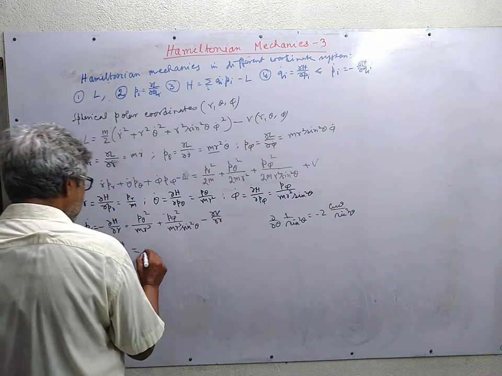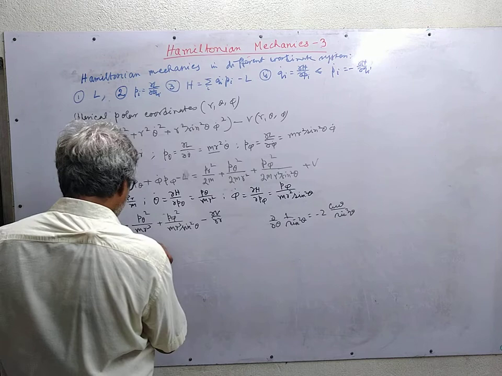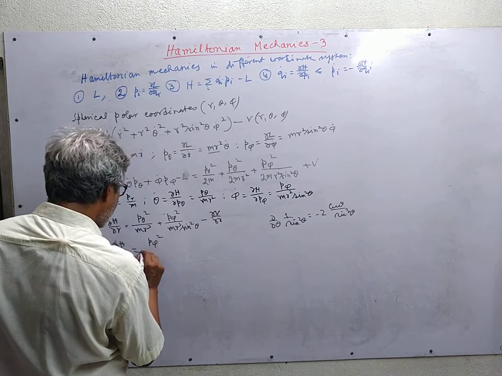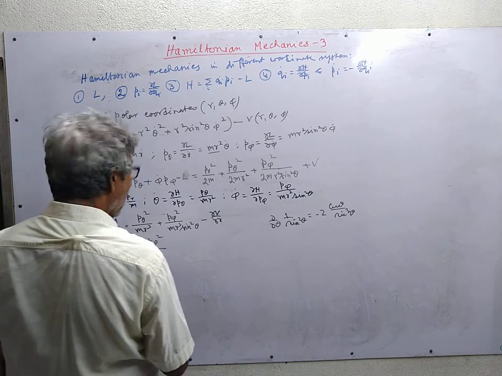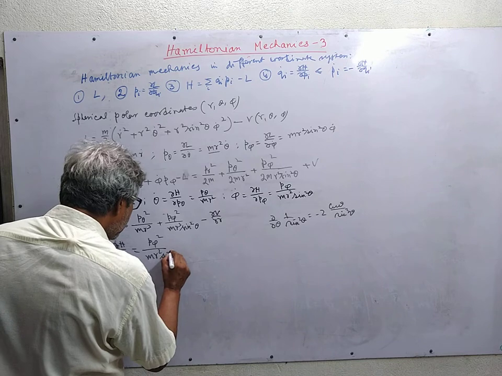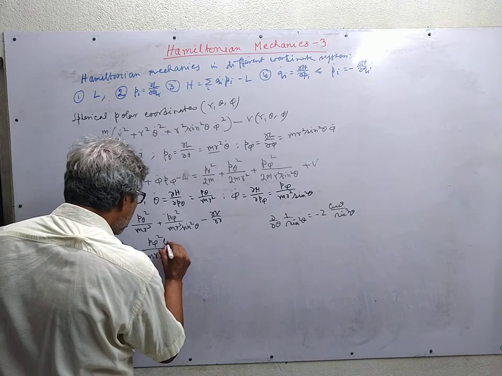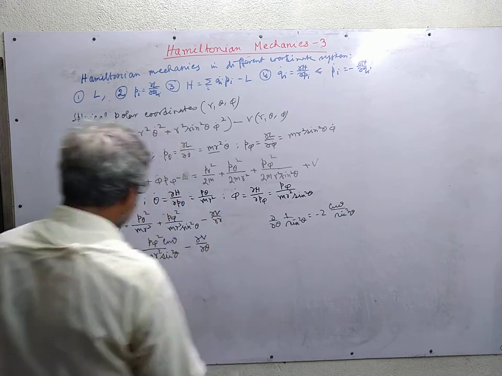So this term contributes p phi square by m r square sine cube theta cos theta, minus del V del theta.